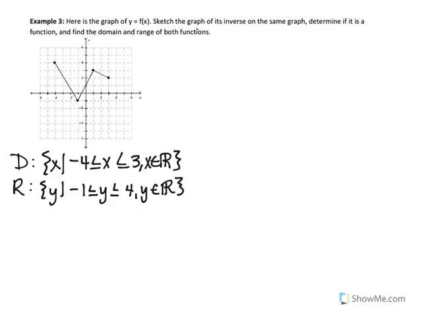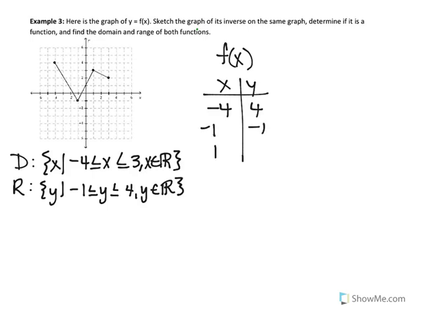So there is our domain and range. Let's look at our points. So we have f of x. We've got the points -4 and 4, we've got the point -1 and -1, we've got the point 1 and 3, and we've got the point 3 and 2.